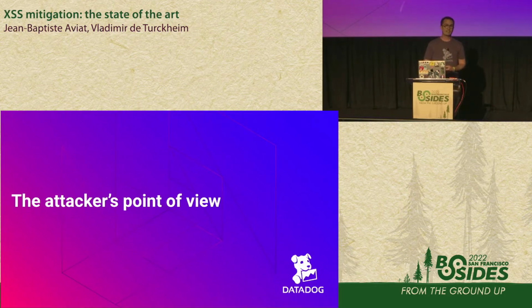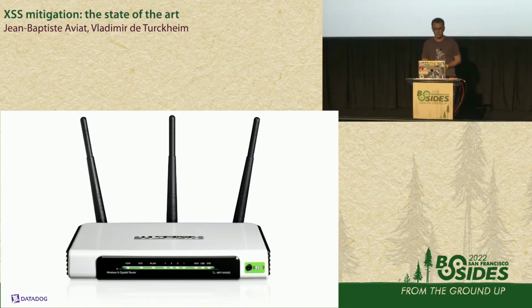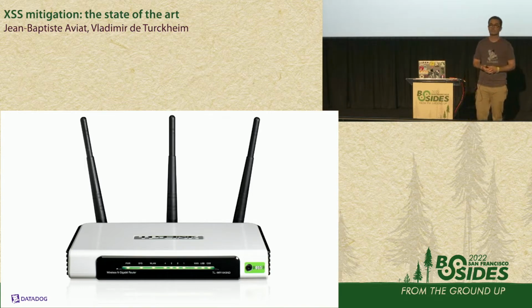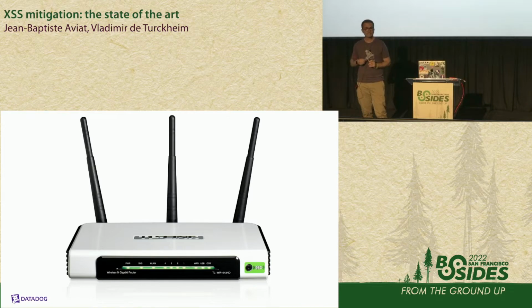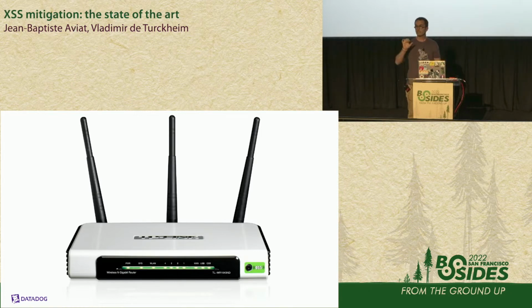So let's see the attacker's point of view. That's a router that was used a few years ago in mostly Eastern Europe, and some malware managed, using JavaScript, to reconfigure this router. And what did it do? It injected custom DNS name servers.